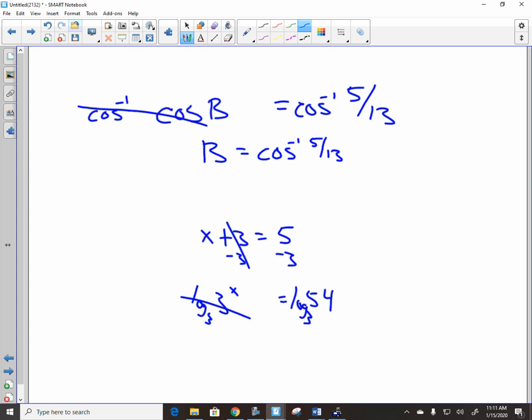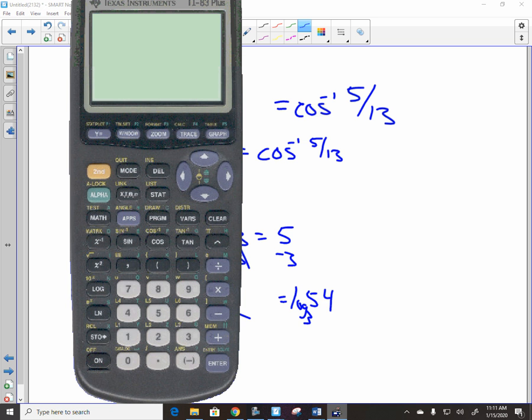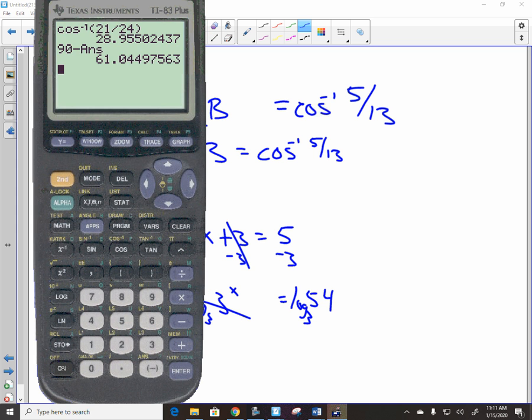Now, fortunately, you have an amazing tool in front of you. It's called a calculator. It's scientific in that it can perform these calculations. If you press, instead of cosine, second cosine, cosine inverse finds angles, and you enter 5 divided by 13. That's not 1 over cosine. It's not secant.